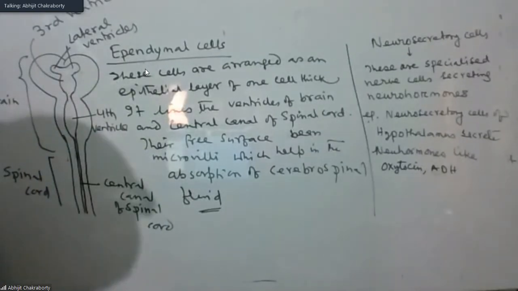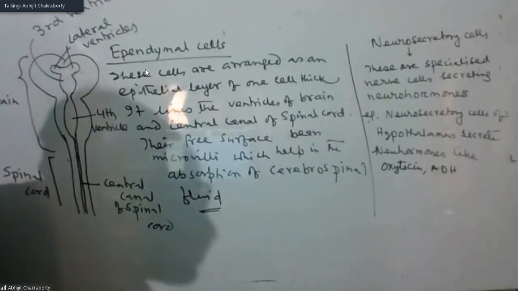Neurosecretory cells, the last type. These are specialized nerve cells secreting neurohormones.